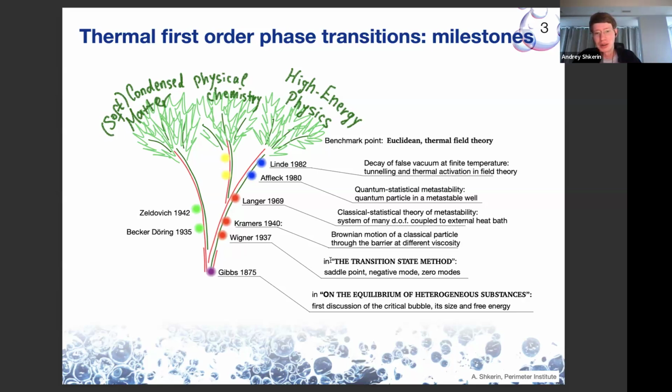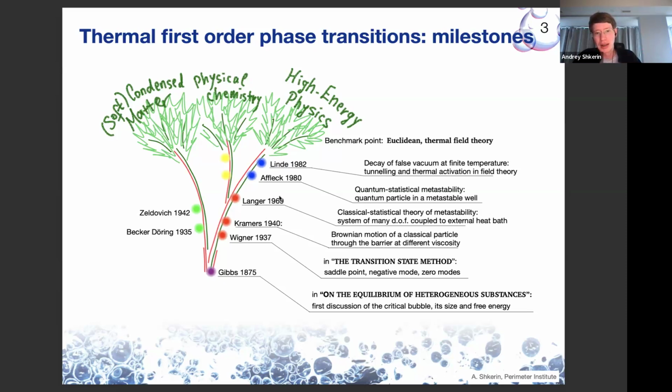And this is what one can call the transition state method, which is a standard benchmark theory, essentially, in physical chemistry, which studies reaction rates in molecules or substances. Then Kramers derived the rate for the Brownian motion of a classical particle to cross a barrier. The classical particle was coupled to some external heat bath, and he studied how it moves through the barrier at different viscosity. But this was still a mechanical treatment.